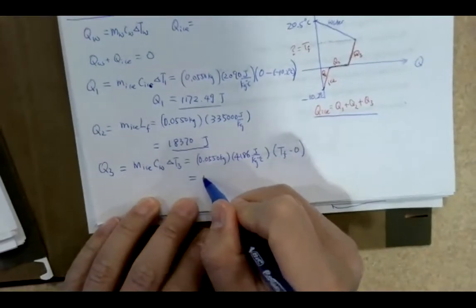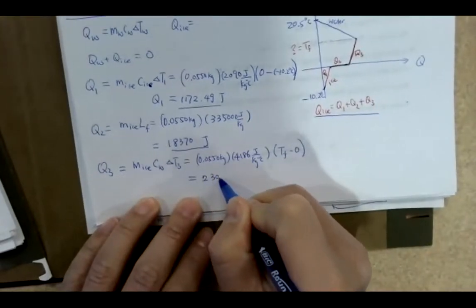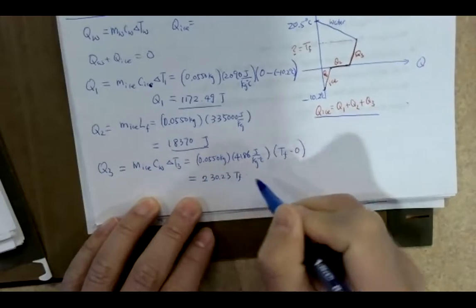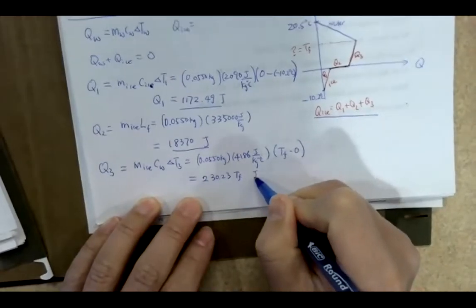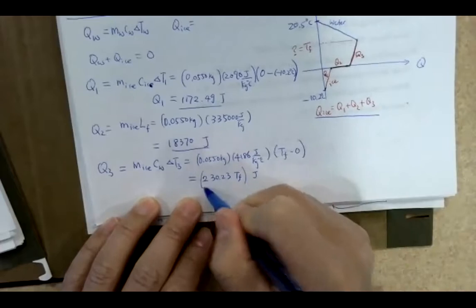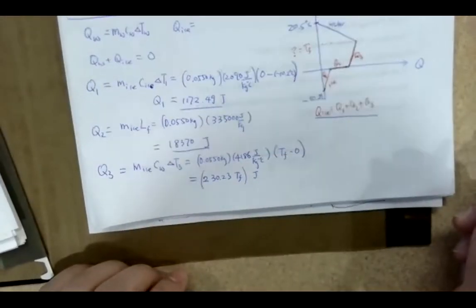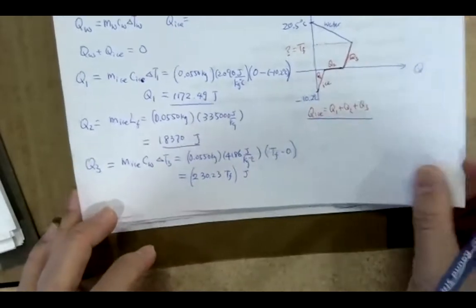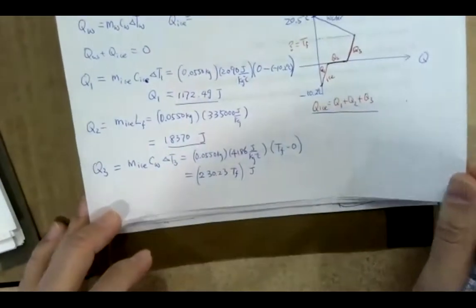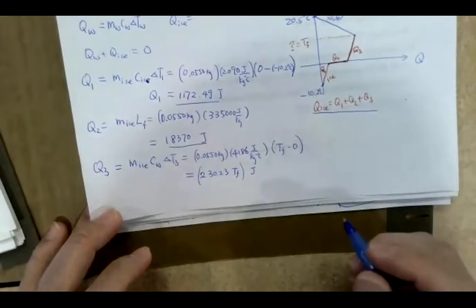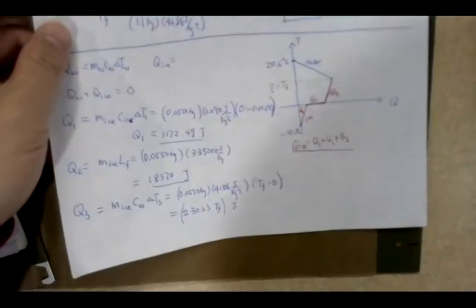This would be 230.23 times TF in joules. All right, so this is Q1, Q2, Q3. Q1, Q2 are just numbers. Q3 is an expression with the TF.